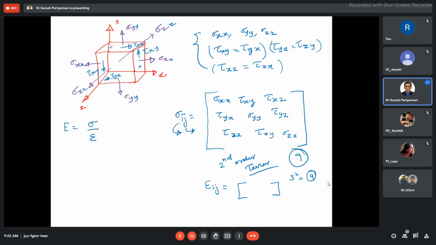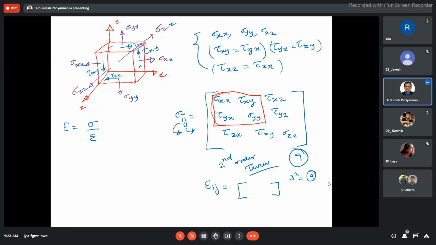Anyone, please. I give you a clue: the Z component is 0, then this is a plane stress condition. So the Z component is going to be 0.